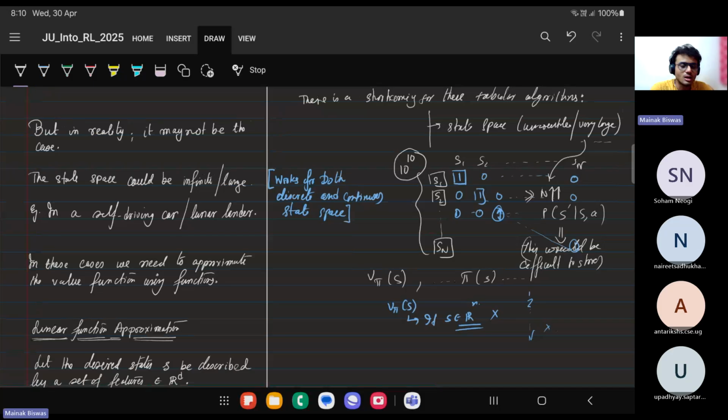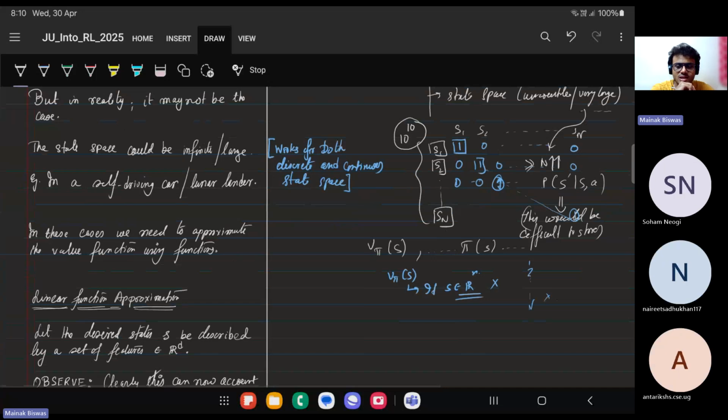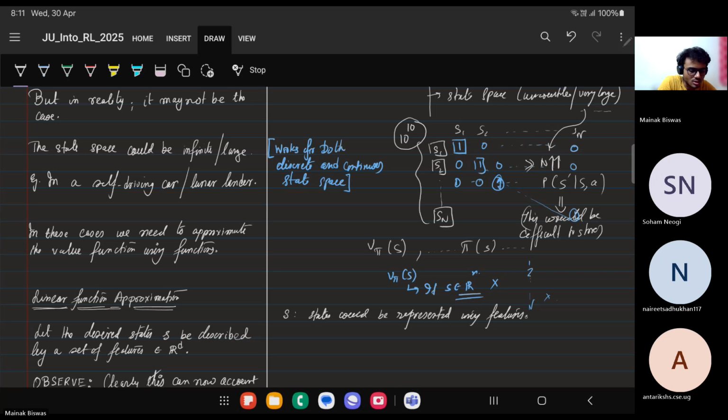Okay. So if you don't have any questions, can you tell me what could be one of the ways I can represent these states? Could there be a procedure I can use to represent these states? Each of the states could be represented using features, right?